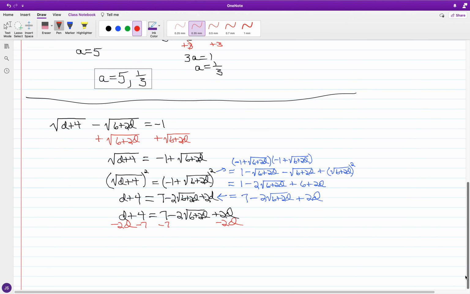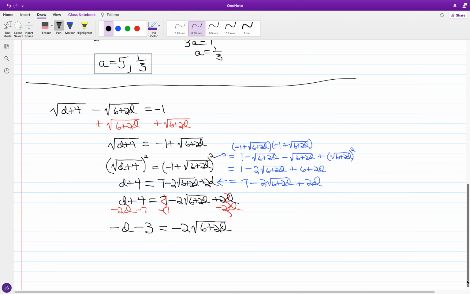If I subtract, we have d minus 2d becomes negative d. 4 minus 7 is negative 3. It's equal to negative 2 times the square root of 6 plus 2d.